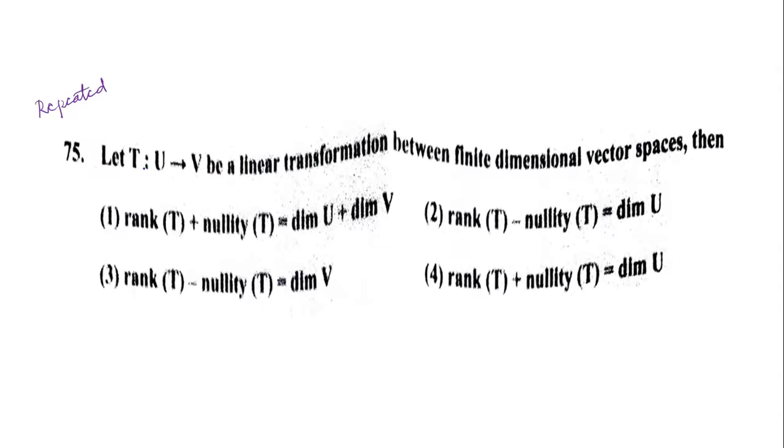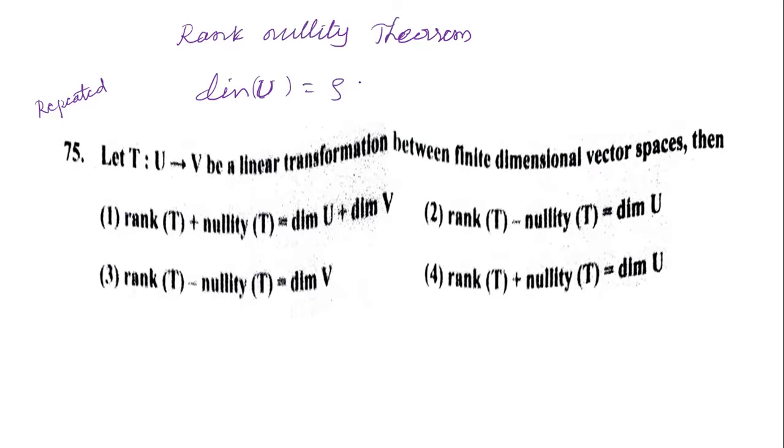Let T from U to V be a linear transformation between finite dimensional vector spaces, then by the rank-nullity theorem, or Sylvester's law, the dimension of U, the dimension of the domain, is equal to rank of transformation plus nullity of transformation.